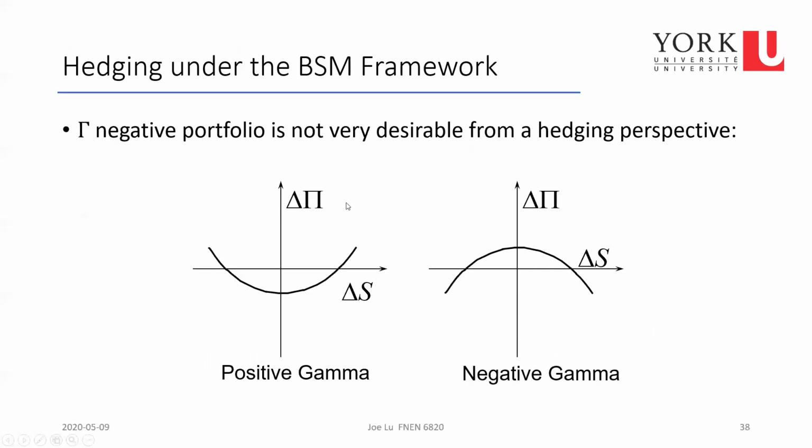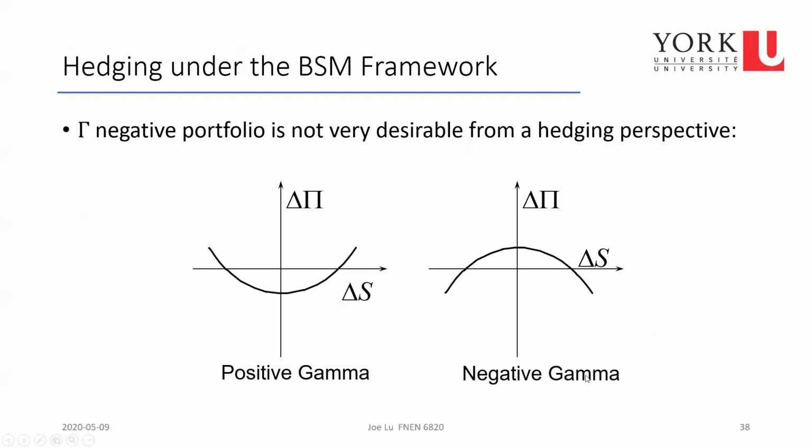So graphically, you can see on the left-hand side, this is a positive gamma portfolio, which means that as the underlying asset is moving, increase or decrease in value, the portfolio value will always increase, no matter which way it goes.